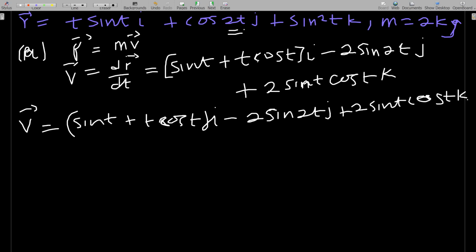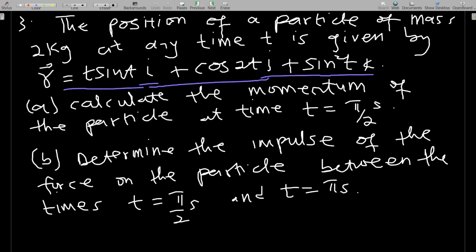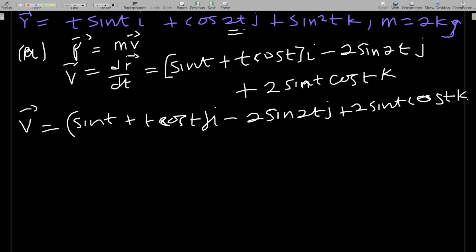So the question is, we should find the momentum of the particle at t equals pi over 2 seconds. We realize that the velocity is in terms of time t, so you have to evaluate this velocity at t equals pi over 2 seconds. If you don't want any trouble, you convert your calculator to radians.